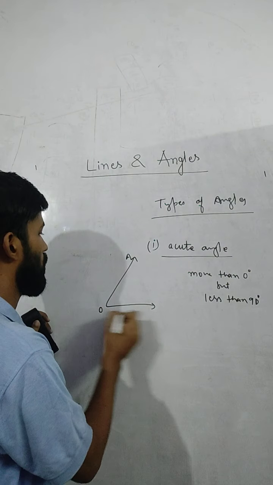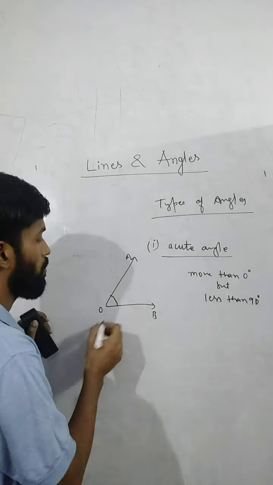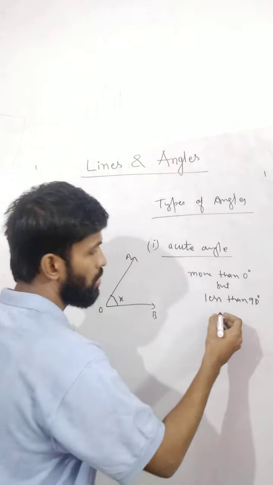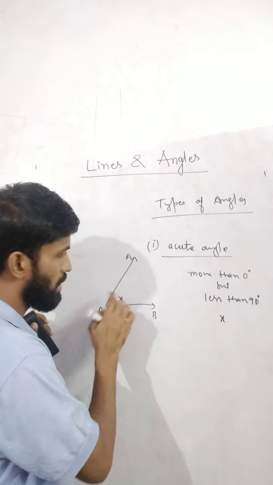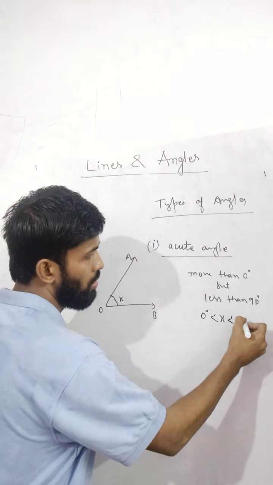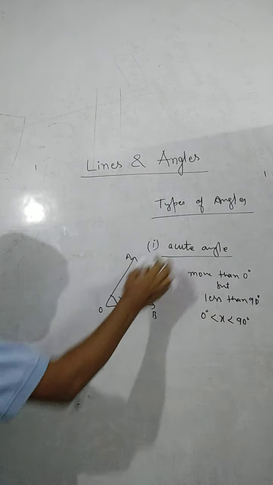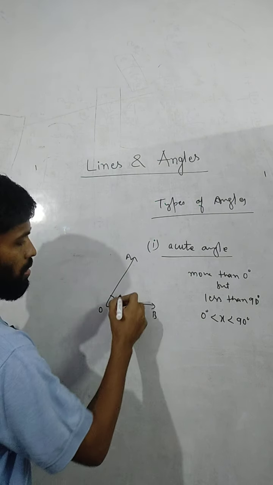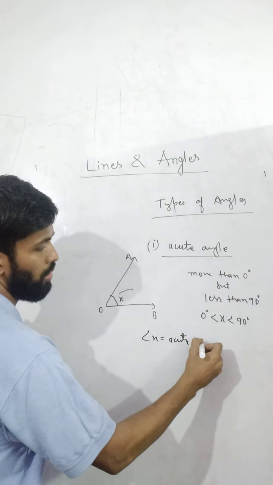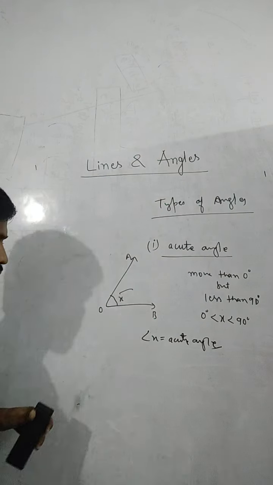I'm taking this example and representing this angle as x. If the value of x is greater than 0 degree but less than 90 degree, then this angle is an acute angle. Here, this angle x is an acute angle, right?